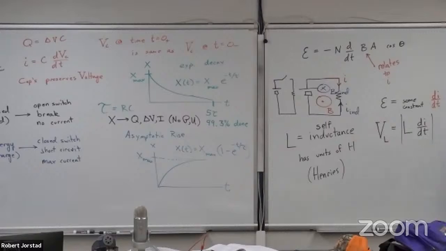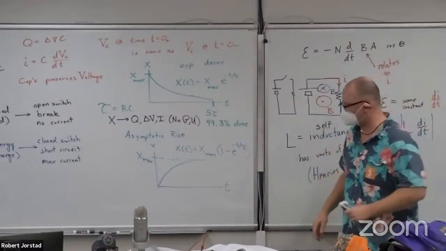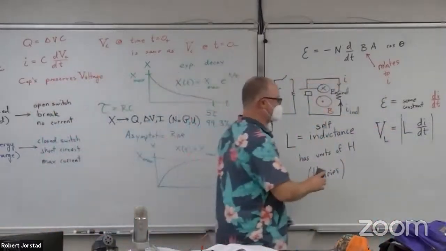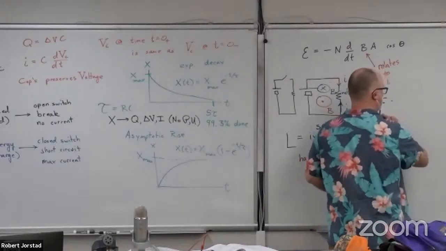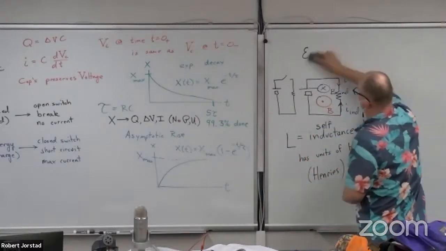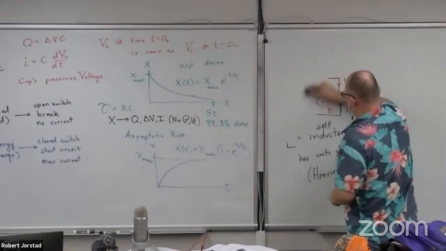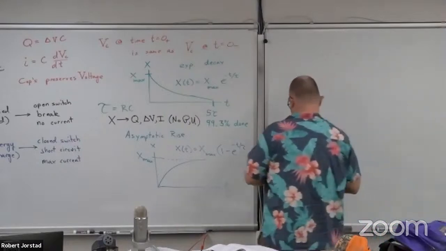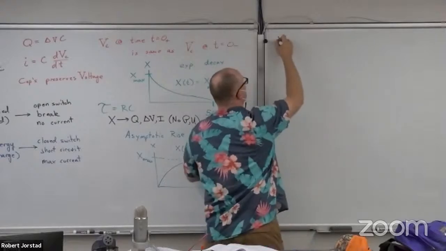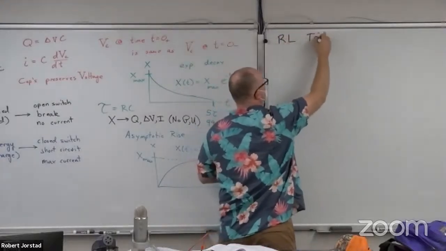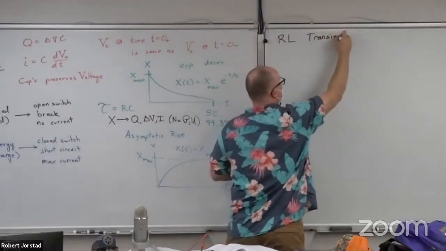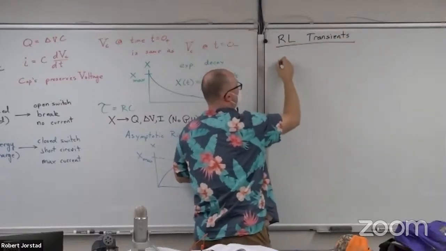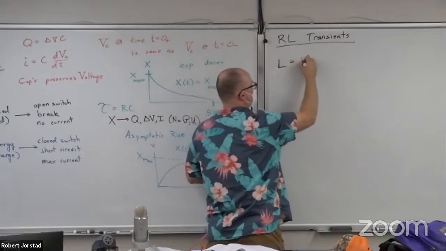I know I'm hard on you, especially at the beginning of the semester, but I'm hoping you're going to get a little tiny bit of a reward here where you're like, oh, this almost makes sense. Okay. Let's summarize RL transients. L is inductance.